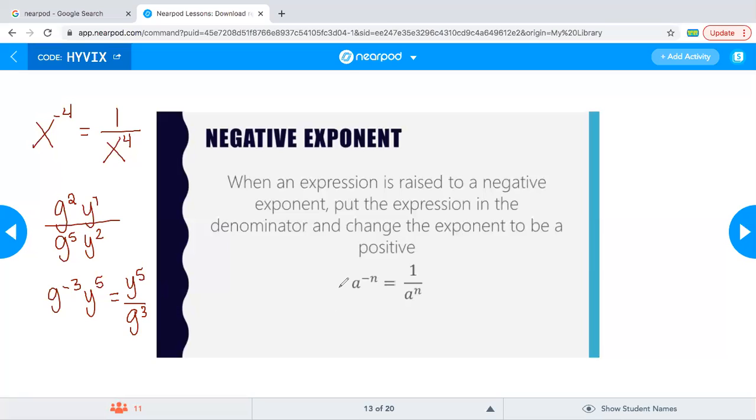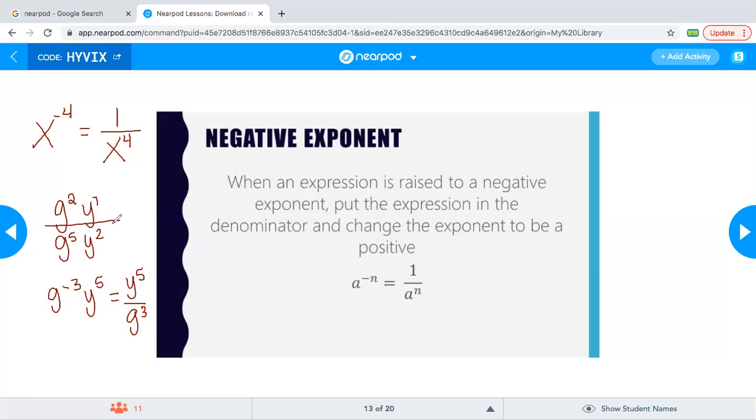Question: if you had a problem, would it specifically say whether you were doing the division or the negative part? It will not physically tell you, but you have to understand that if there's a line here, that means division.